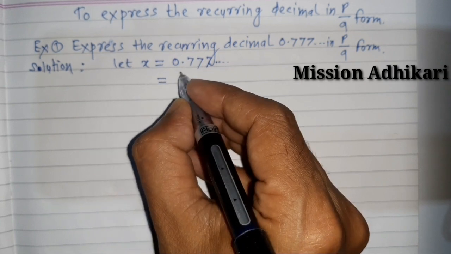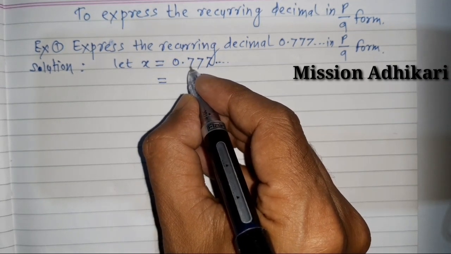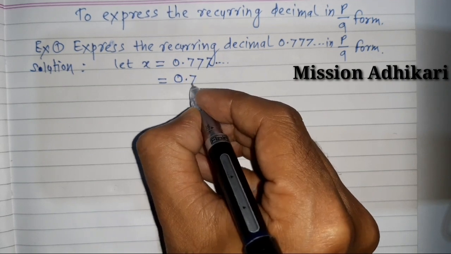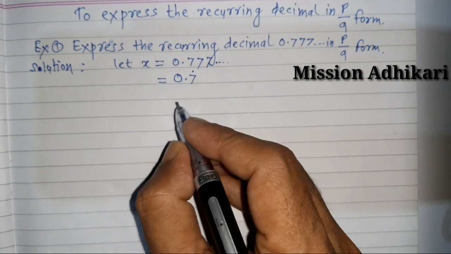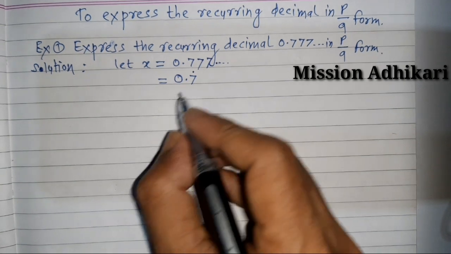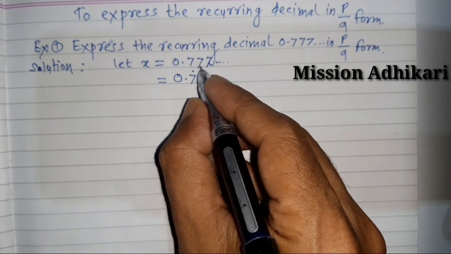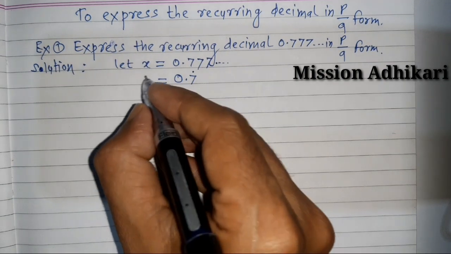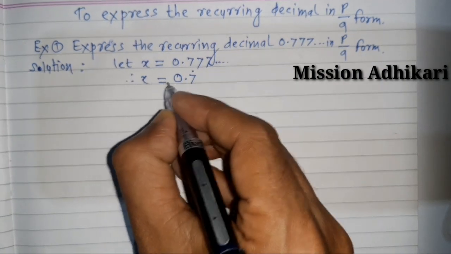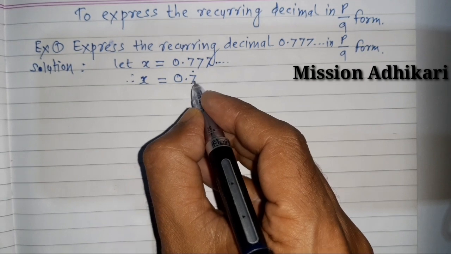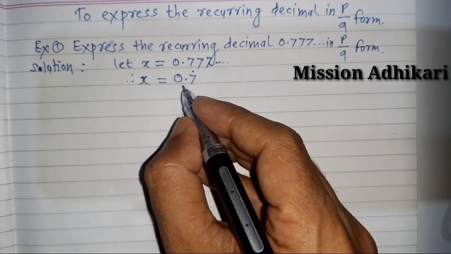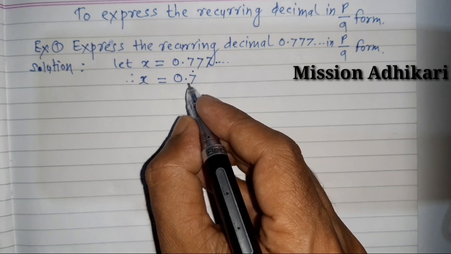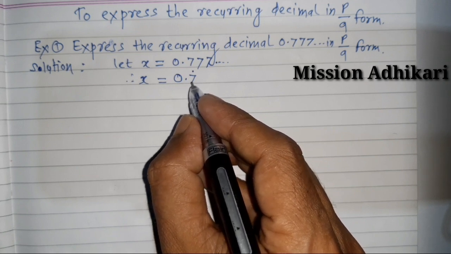Here the 7 is recurring, so we can write 0.7 with a dot, because 7 is recurring here. Therefore x is equal to 0.7 recurring. Now we multiply by 10 on both sides.